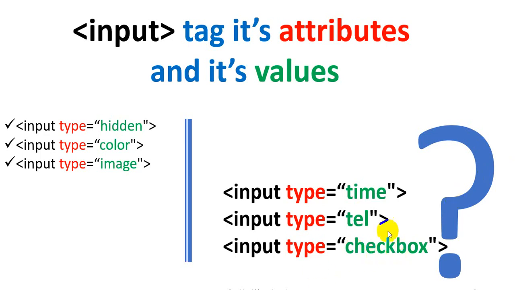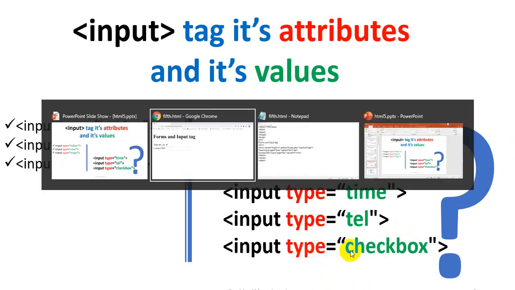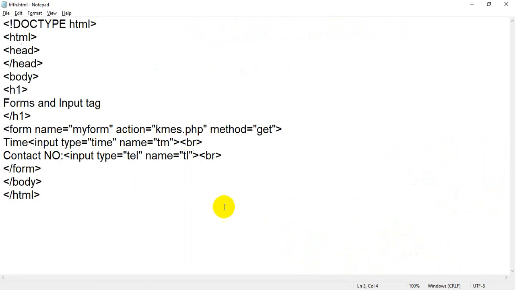Let me show you in the coding, so you will clearly understand what a checkbox is all about. So I will go back to our application, that is Notepad. Then I will add one more thing, for example, language known.